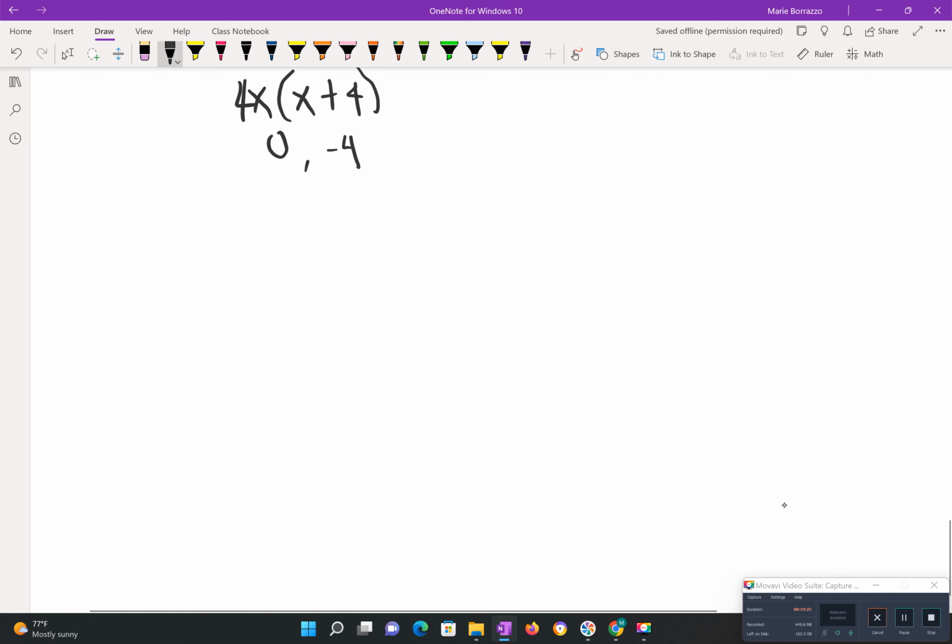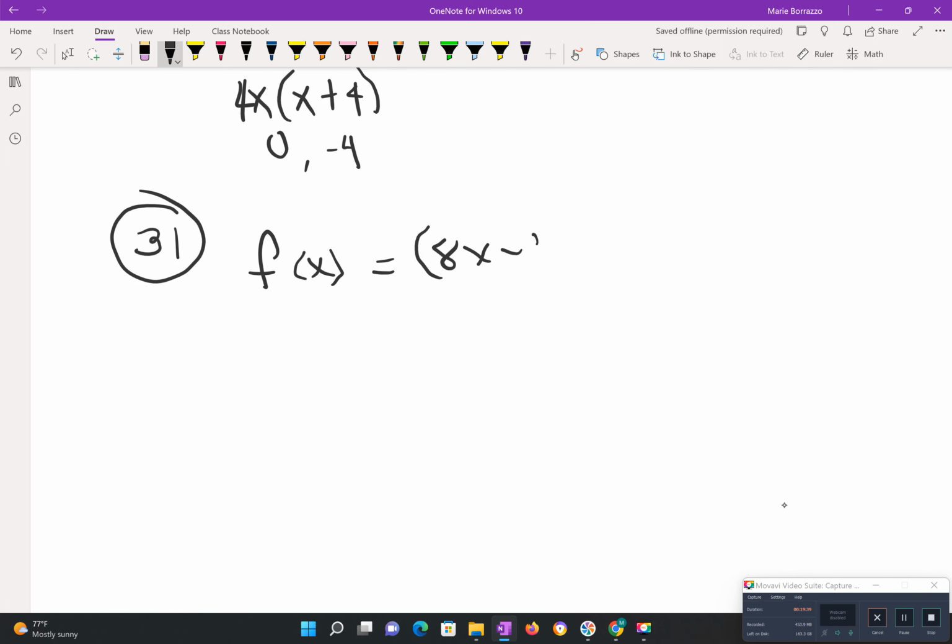Okay, number 31. Number 31, they give us f of x is equal to 8x minus 9 to the negative 4th power. So this is chain rule, not product rule or quotient rule. This is just simply chain rule.